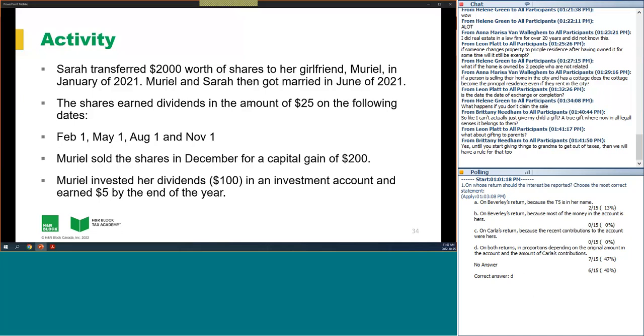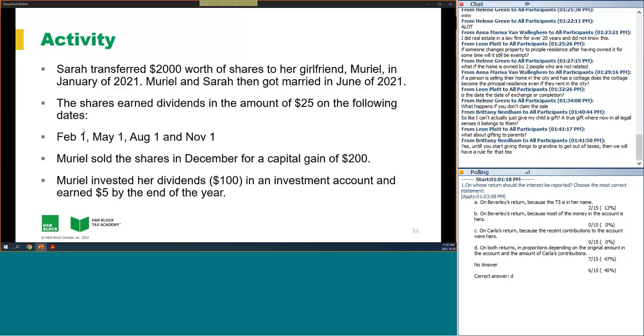Okay? So let's talk about the shares first. How much do we have to attribute back to Sarah, and how much dividend income will show up on Muriel's return? Let's talk about the date of marriage. They got married on June 1st.